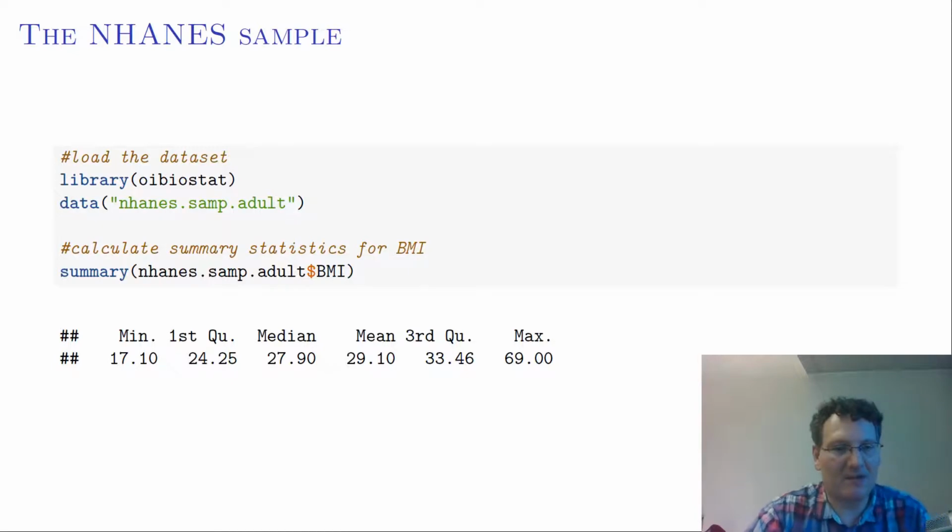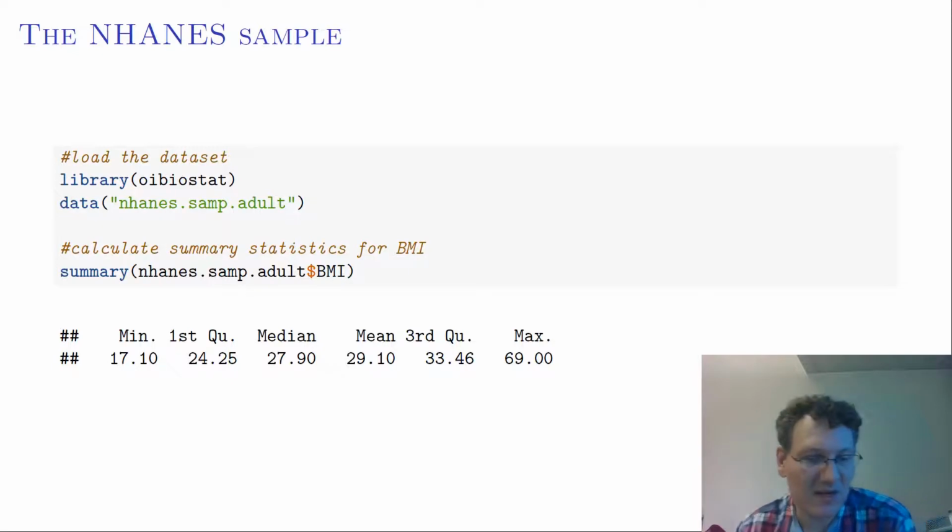Here's an example looking at the body mass index for individuals, and it looks like these are for Americans. The median is 27.9, the maximum is 69. Looking at that, the mean of 29.1 is above 25, but the question isn't whether the sample mean is above 25.